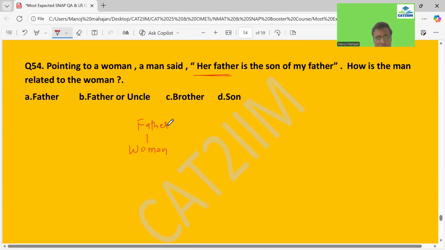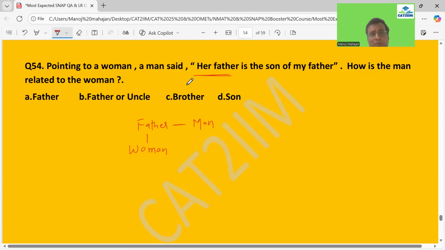So, now there are two possibilities, and one of the options should have been actually just uncle. Then people would have got confused. But over here, the first case, people would be able to figure out, right? So her father is the son of my father. So you can have it like this, the man over here, right?